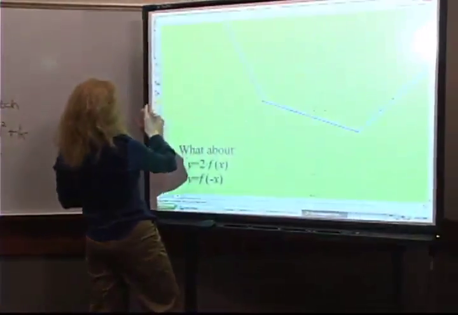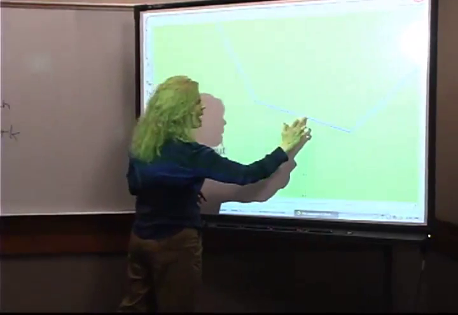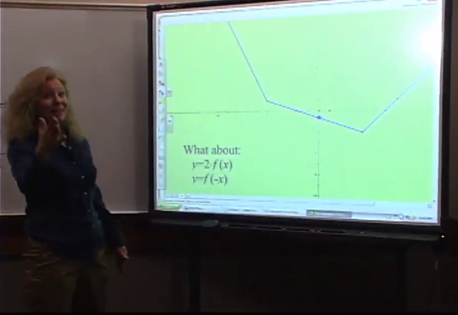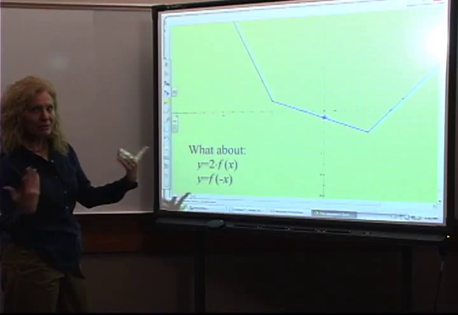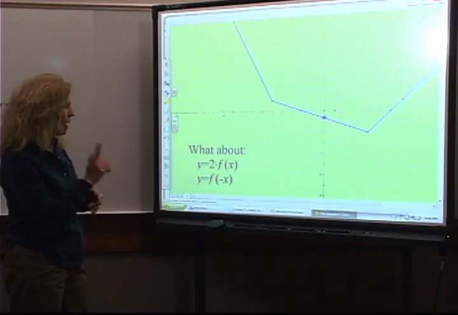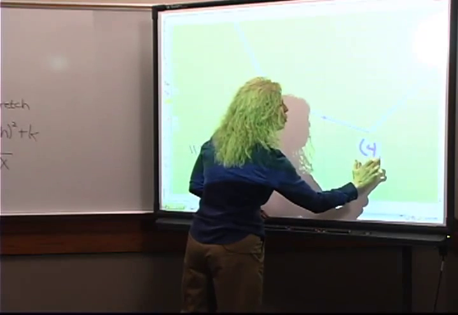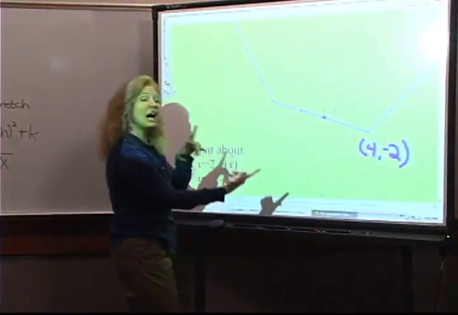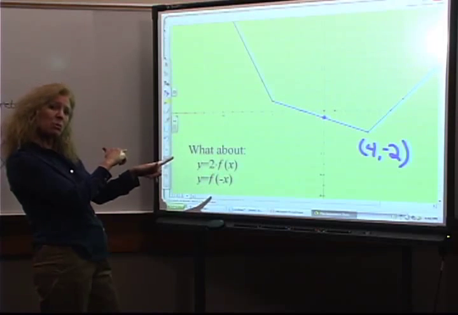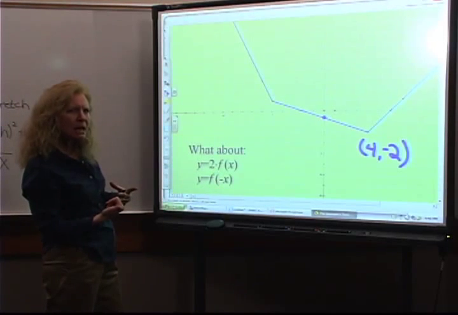Okay, so let's see how that would work. First off, any point that was on the y-axis is going to stay there. Because if I flip over the y-axis, you're still there. All right. Now, if I have this point, which is sitting at 4, -2, and I want to reflect him over the y-axis, do you know where he'll end up?